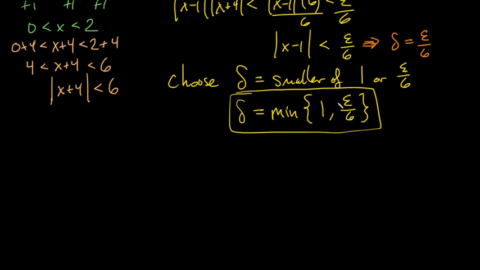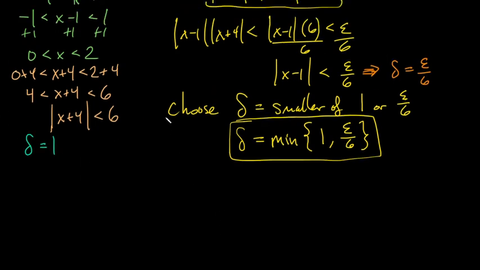Like if epsilon is equal to, let's say, 12, then we're picking the minimum of 1 and 2, and the smaller number is 1. So for now, let's just suppose that delta is equal to 1.